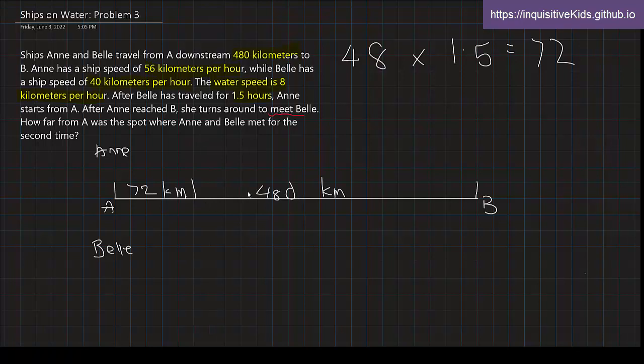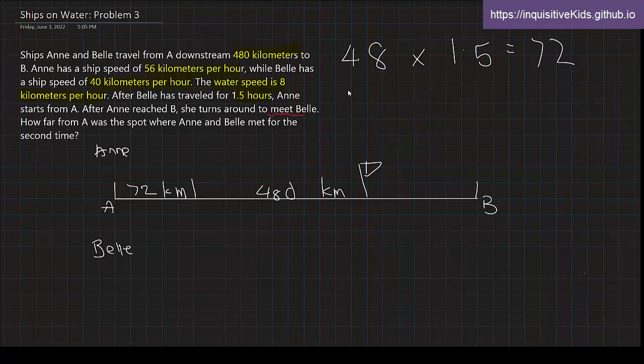All right. Now we know that Anne starts from A, and after Anne reached B, she turns around to meet Belle. So first, let's think about where was their first time meeting. Somewhere here. I wrote a 1 on the flag to show that this is their first time meeting. Over here, we first need to find the time.